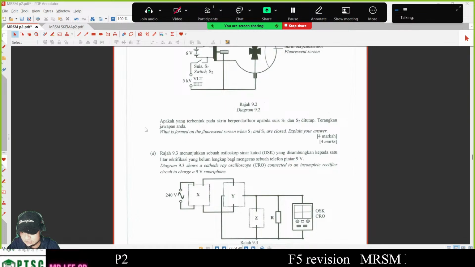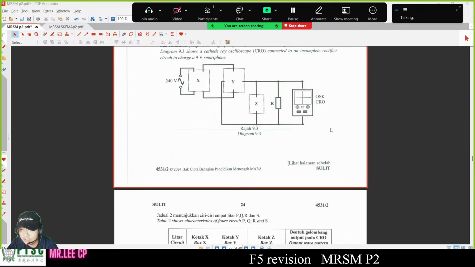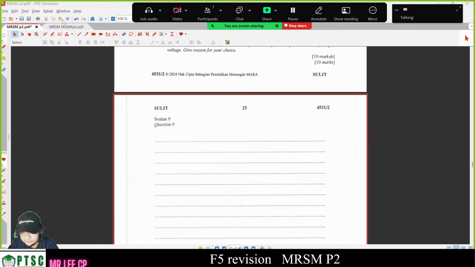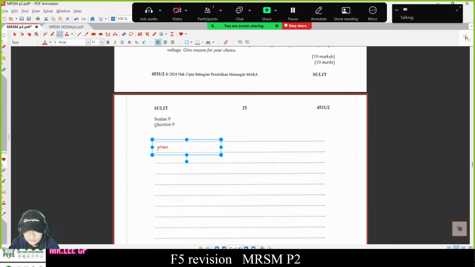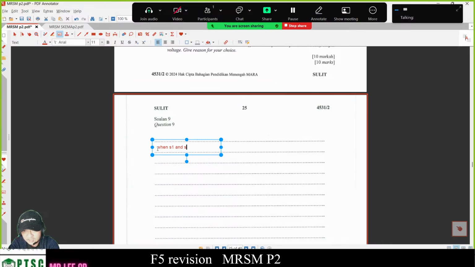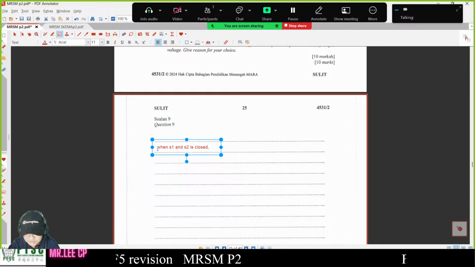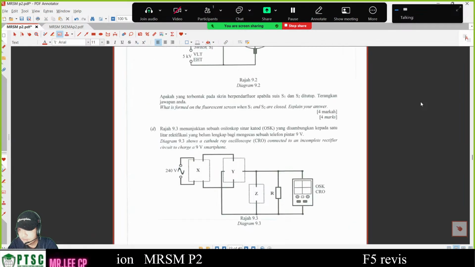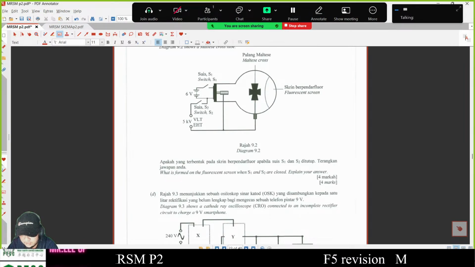I try. If you can get 2 marks, then good already. Not enough space, so I put it here. When S1 and S2 are closed, what is formed on the screen? They ask you what is formed on the fluorescent screen.